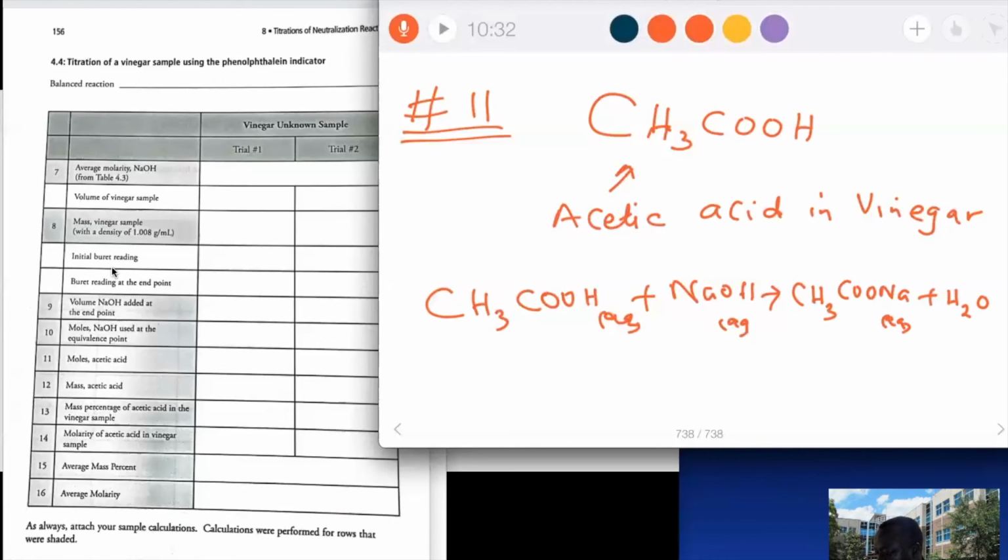The mole ratio here is 1 to 1 to 1 to 1. So the mole ratio is 1 to 1, which means the number of moles of acetic acid is equal to the moles of NaOH. Moles of acetic acid is the same as NaOH.